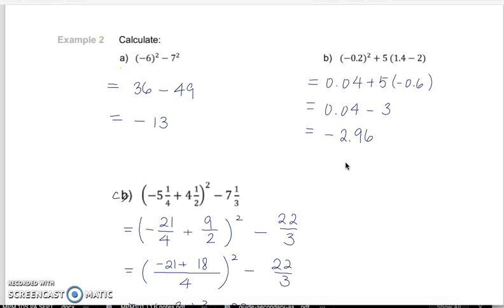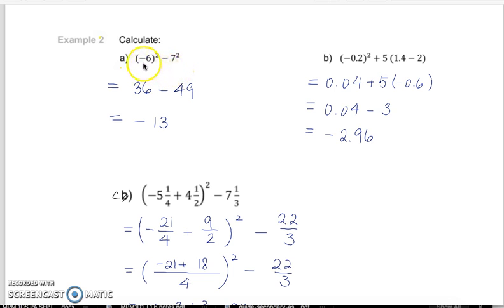Example 2. So now let's take those skills and apply it to bigger questions. When we evaluate exponential expressions with exponents and powers, we still have to follow BEDMAS, or the order of operations. Let's calculate -6 in brackets squared minus 7 squared.